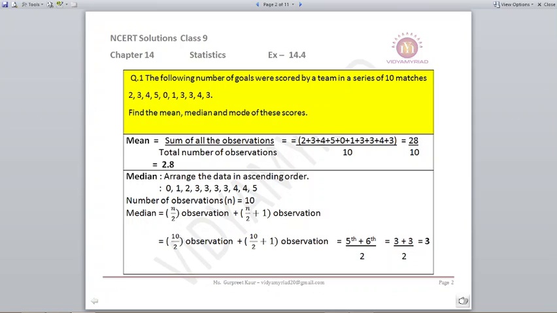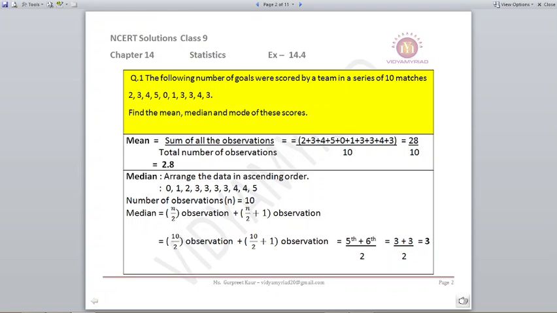Then we divide by 2: 5th observation plus 6th observation. According to the arranged data in ascending order, your 5th and 6th observations are both 3. 3 plus 3 is 6 and 6 divided by 2 is 3. So my median is 3 here.